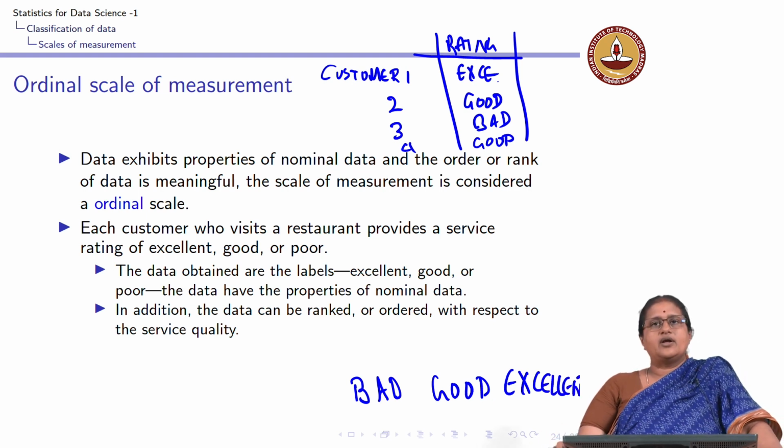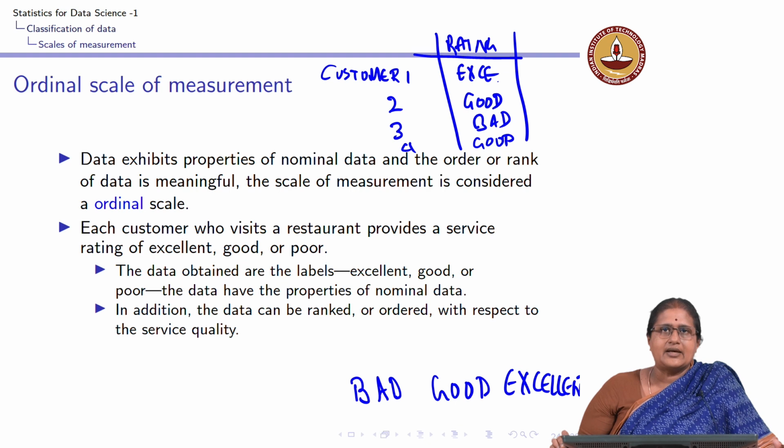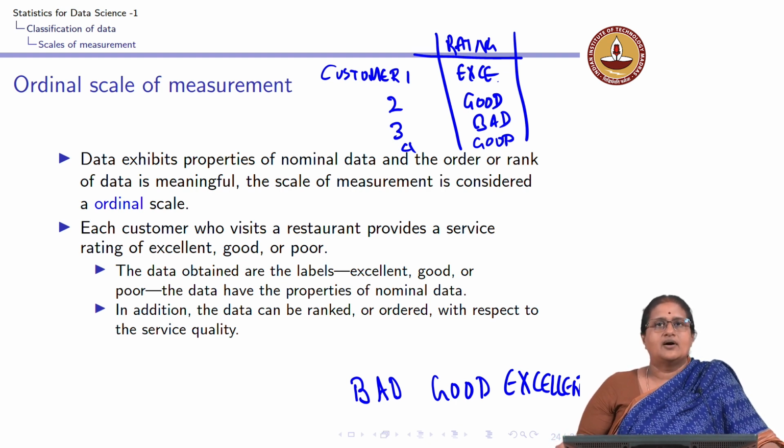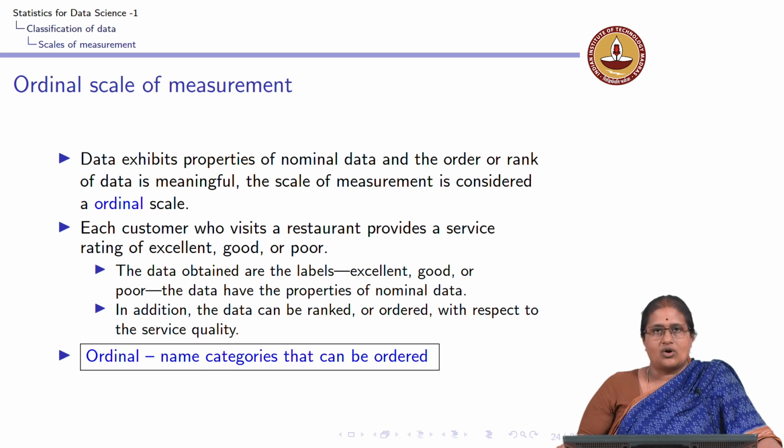So, categorical nominal data which exhibits some rank, where an order or rank is meaningful, is said to have the scale of measurement called an ordinal scale. So, ordinal scale of data is named categories that can be ordered.